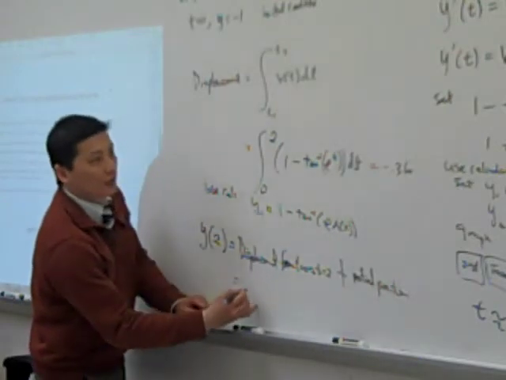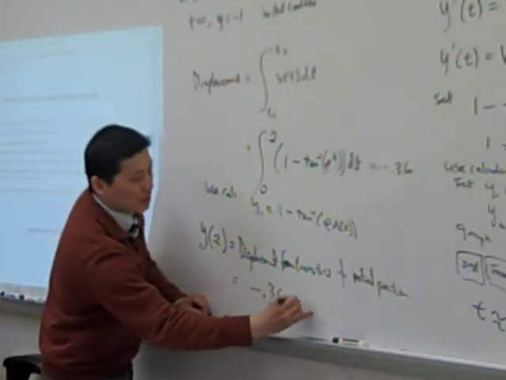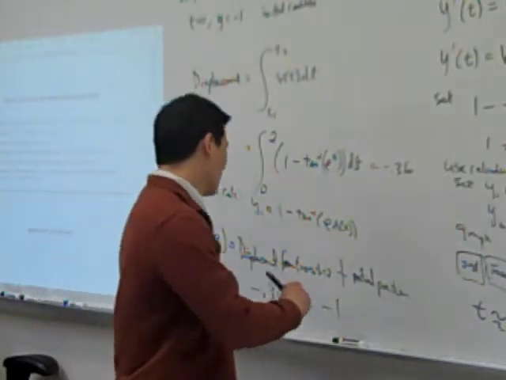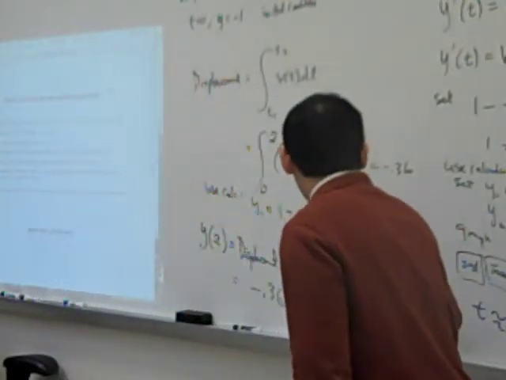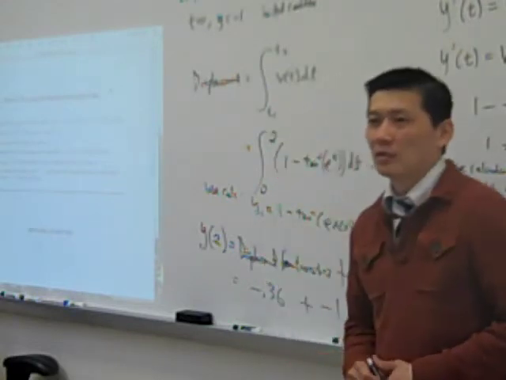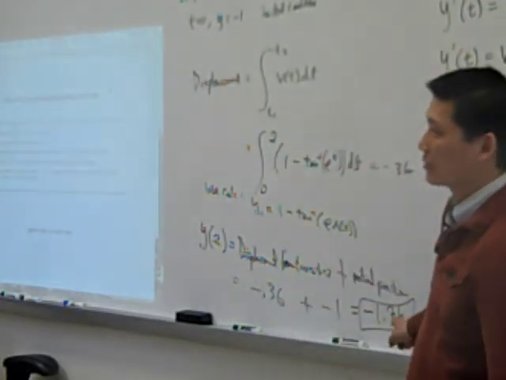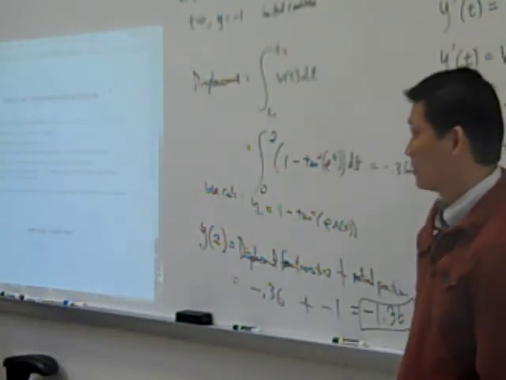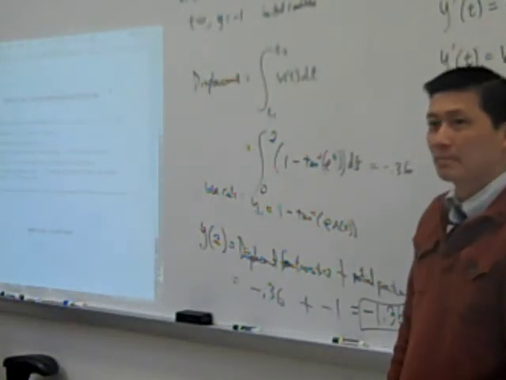In this case it is negative 0.36 plus negative 1. So we end up with negative 1.36. So that's my final position. Clear? Questions?